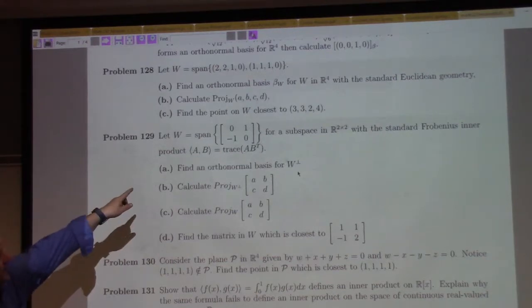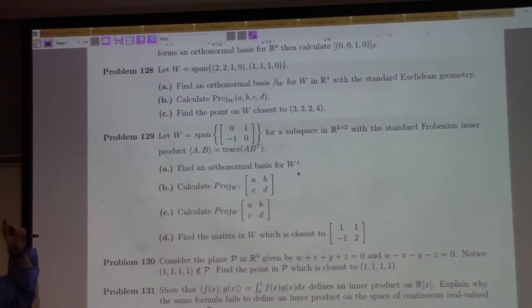By the way, there's a theorem that says if you're perpendicular to the basis for a space, then you're perpendicular to the whole thing. So perpendicularity with respect to 0, 1, minus 1, 0 implies perpendicularity with respect to the span of 0, 1, minus 1, 0. So what does it take for A, B, C, D to be perpendicular to 0, 1, minus 1, 0?